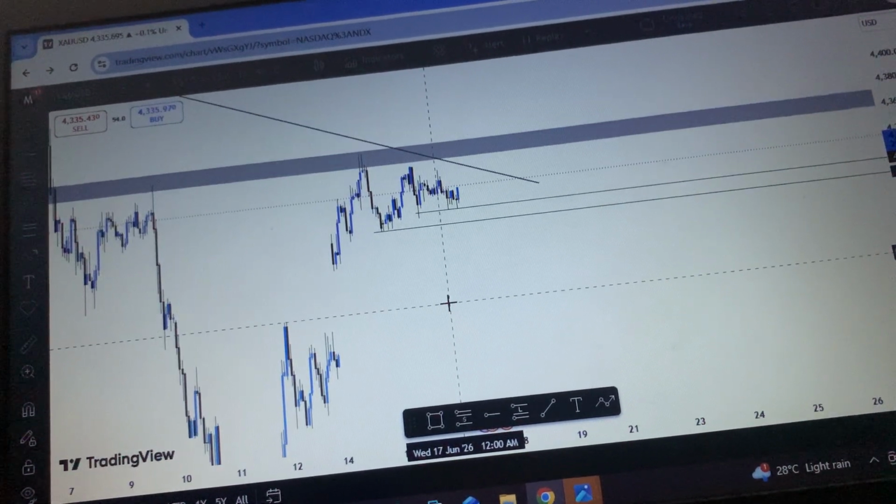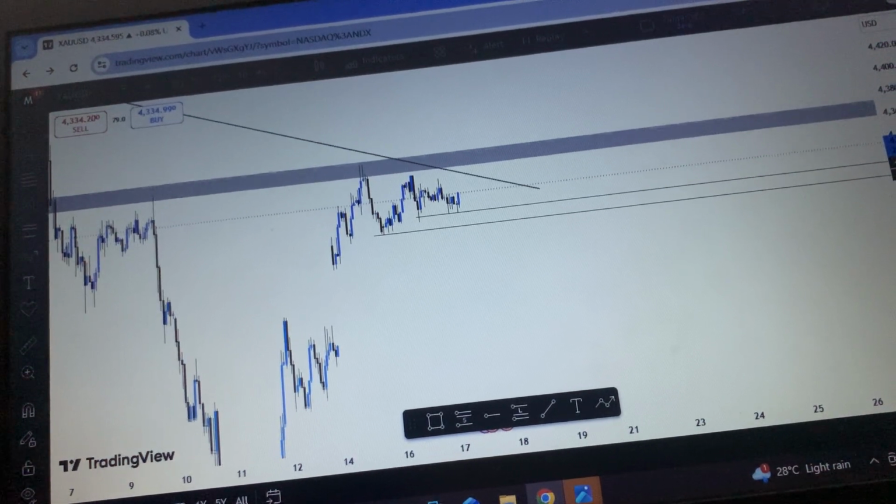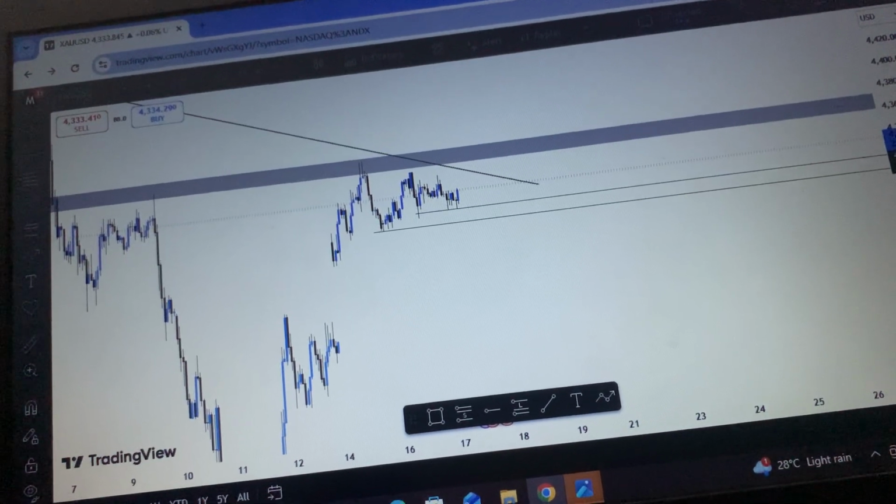So now we are going to patiently wait. In trading, you have to patiently wait and see if the market gives you what you want, then you can take action.